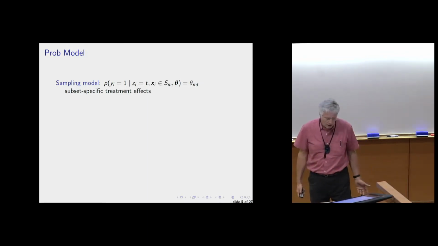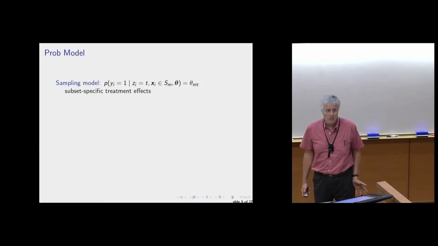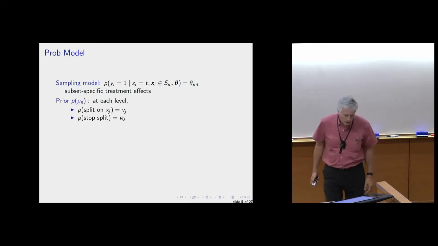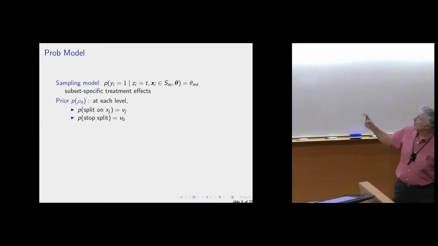And I think we had, embarrassingly, independent beta priors on those, without any of the fancy dancing we heard before. So this is the sampling model.